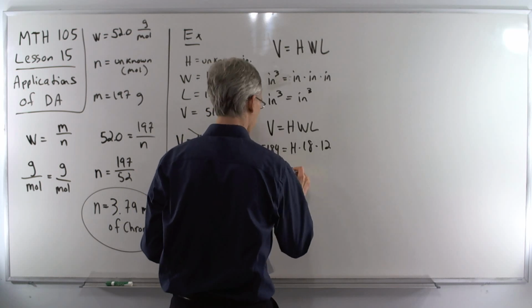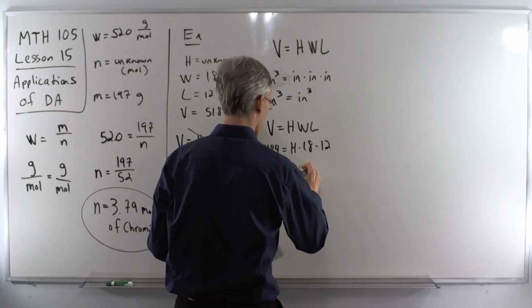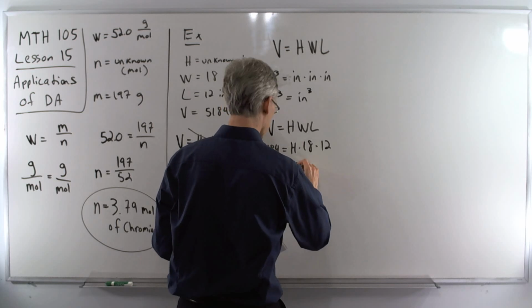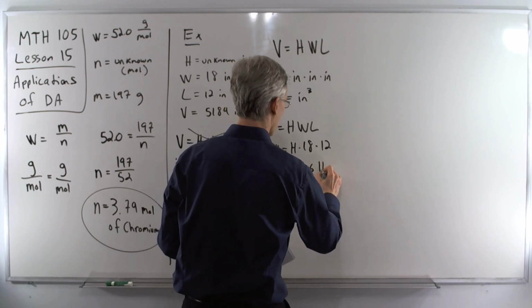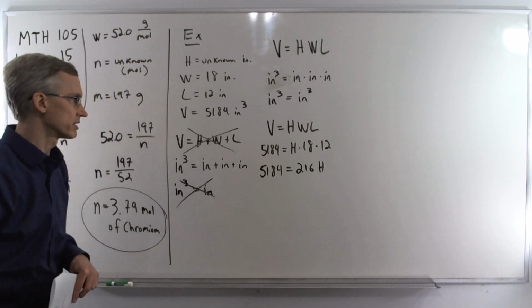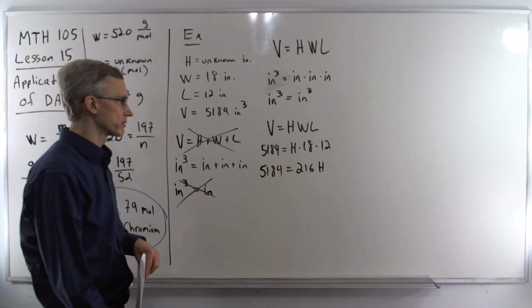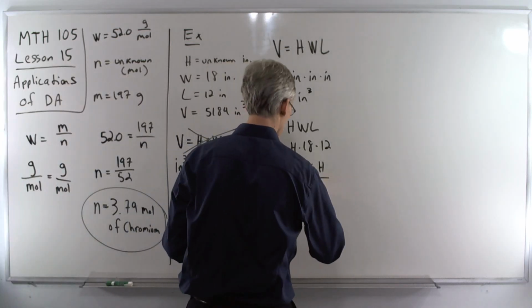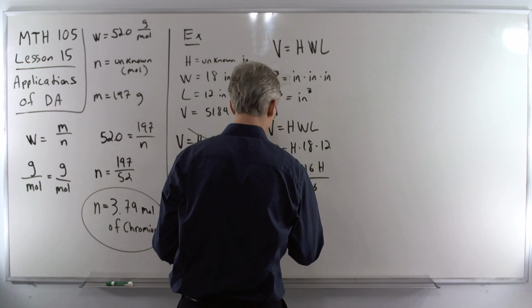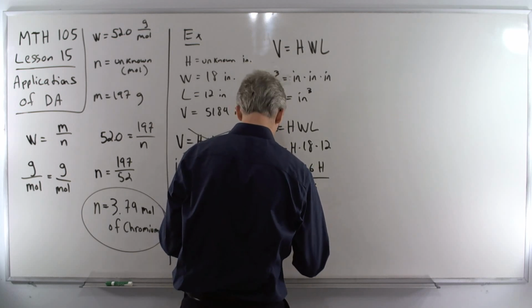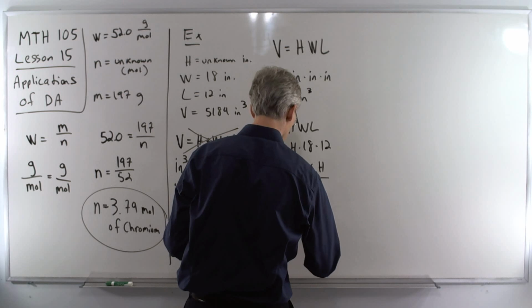So we can simplify on the right. That's 216. So we get 216 on the right. Now we'll divide both sides by 216. And H is 24 inches.